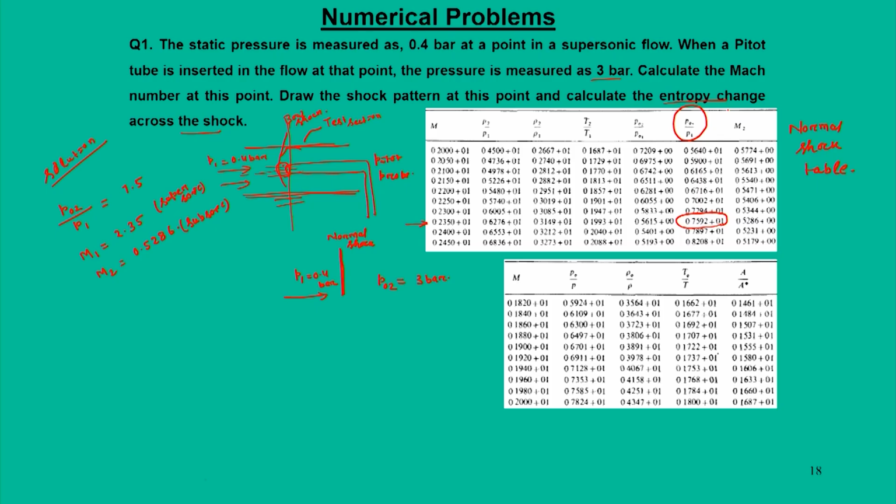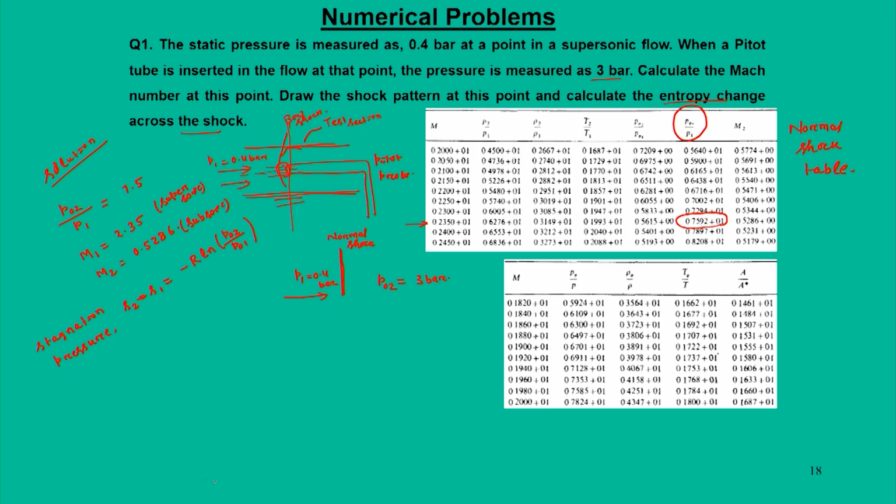entropy change across a normal shock. So, you have to recall this entropy equation. There are two methods in which we have dealt with entropy change. One is through stagnation pressure. So, through stagnation pressure we write this equation, that is, the change of entropy, S2 minus S1, is equal to minus R ln P naught 2 by P naught 1.